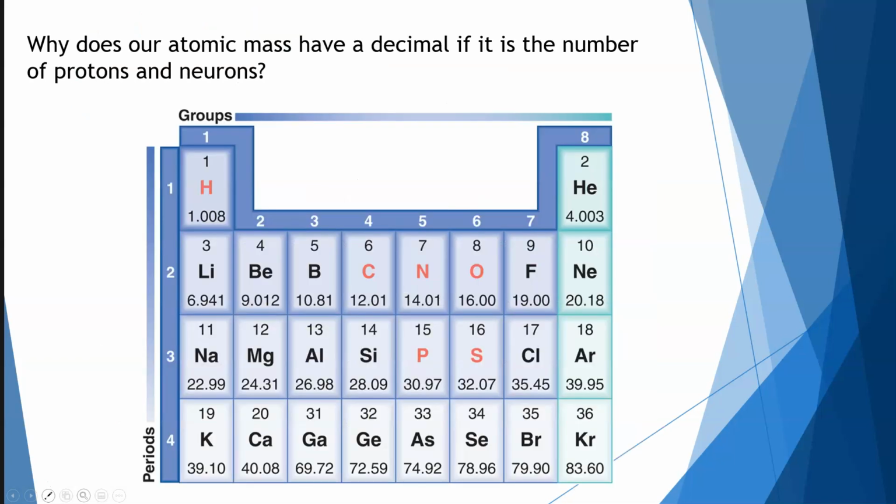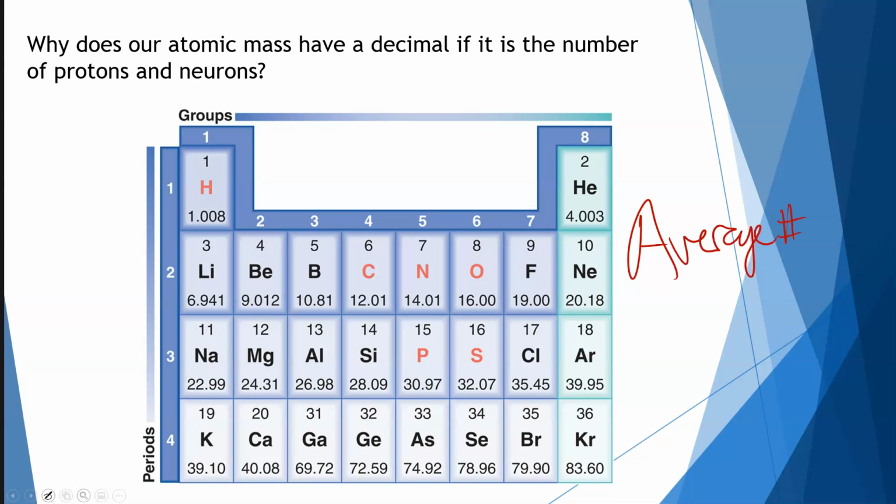So if you look at the periodic table, you may notice that while we have our atomic numbers across the top, our atomic masses tend to have a decimal place. So think to yourself, why would something have a decimal place? Maybe you came to the conclusion that that atomic mass is actually an average of numbers.